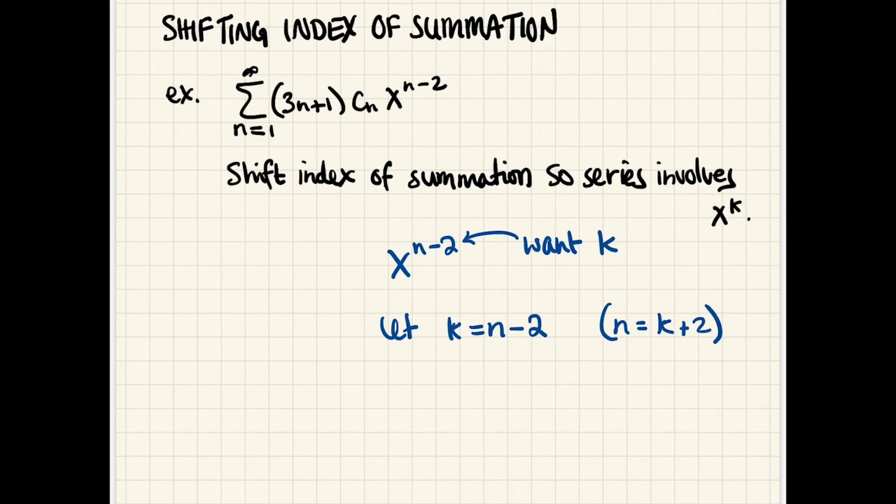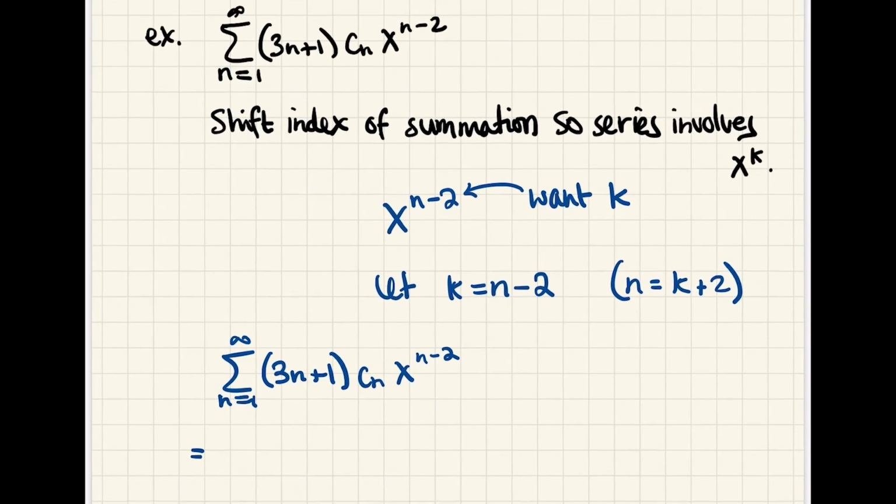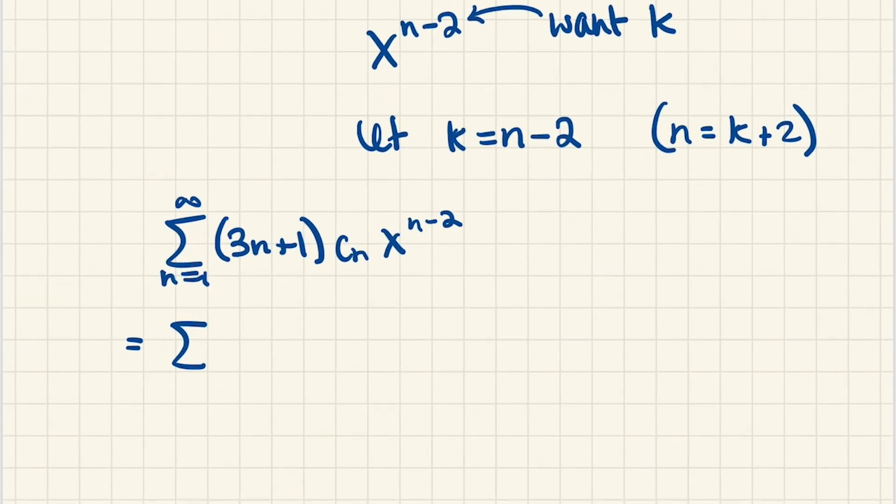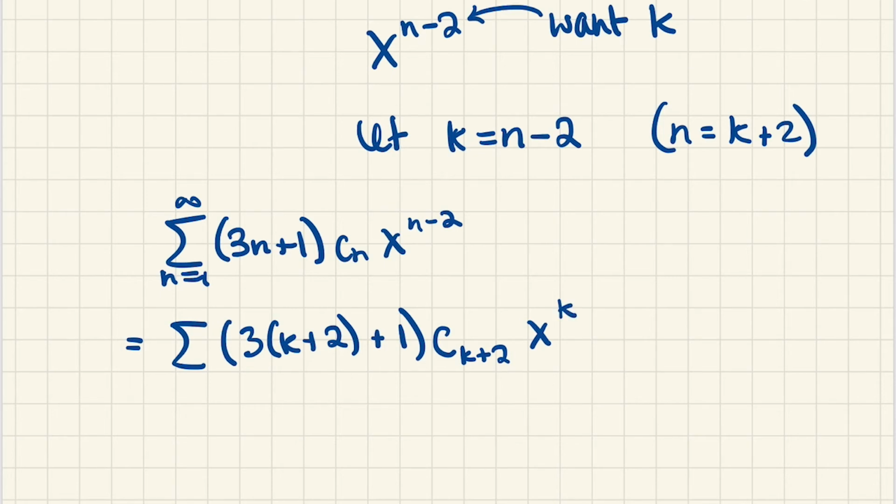So that means that our series, which is currently in n, can be written in terms of k. So n is k plus 2. So this is going to be 3 times k plus 2 plus 1, c sub k plus 2, and then x to the k as desired.